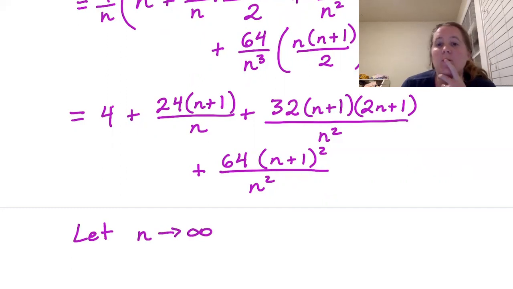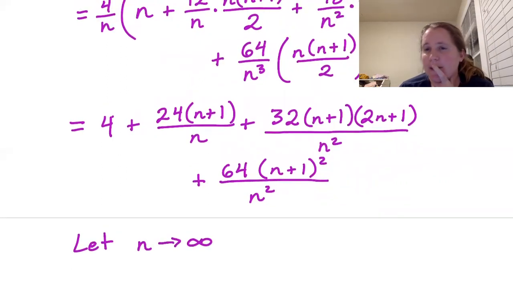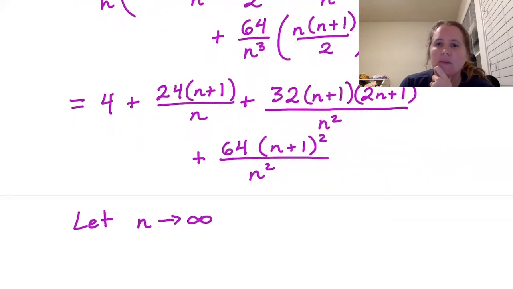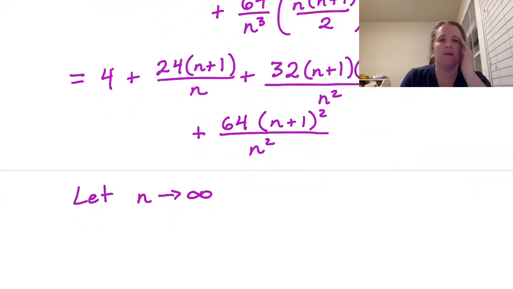So every single one of these has the same degree up top as down below. So that comes in handy. We just need to figure out what the leading coefficient is. And then we can figure out what each limit is as n goes to infinity.